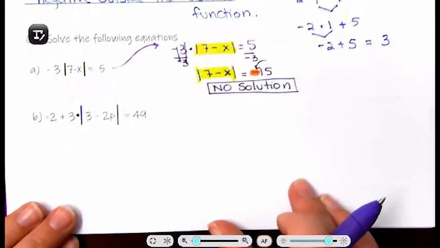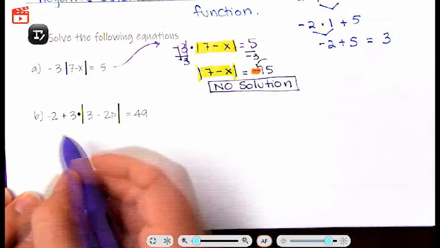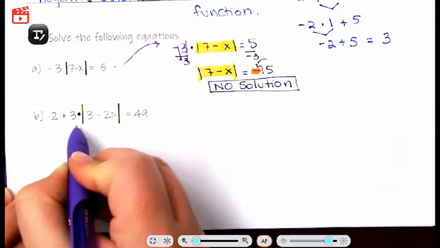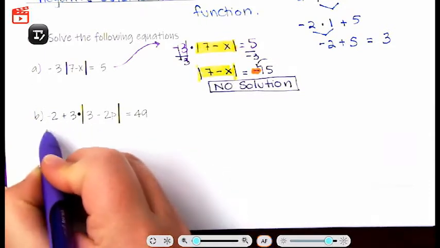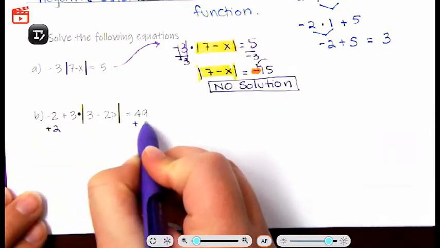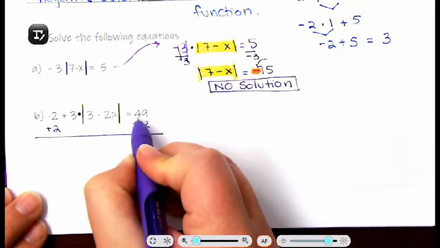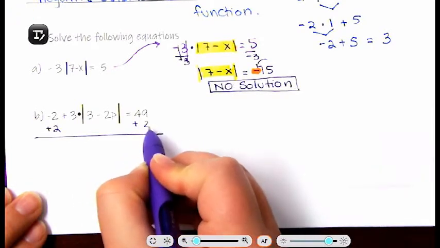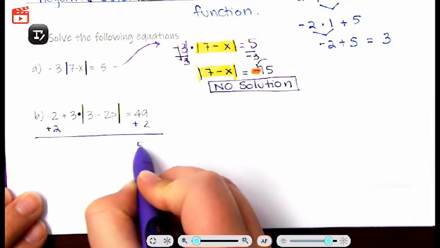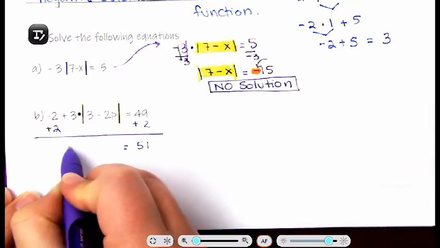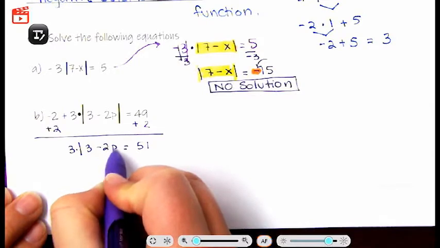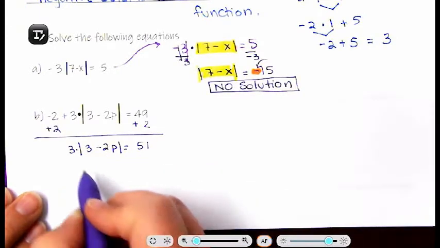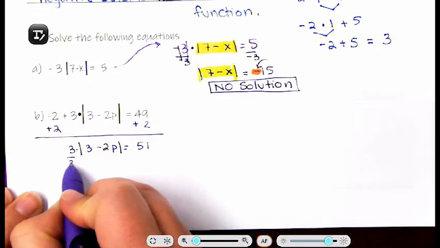Moving on to B. Same thing, let's go ahead and isolate it. There's a lot of things happening. There's a times 3 and there's a minus 2. So I'm going to add 2 to both sides first. This is 49, 50, 51. I'm going to now divide by 3.